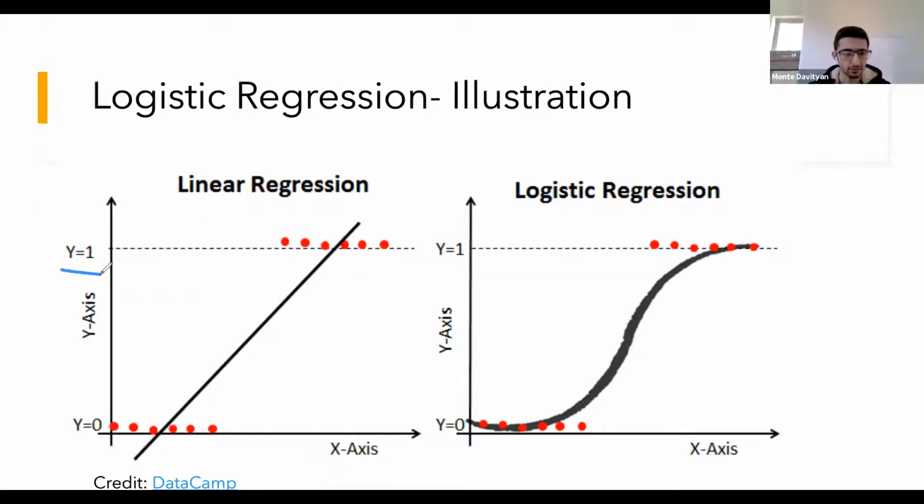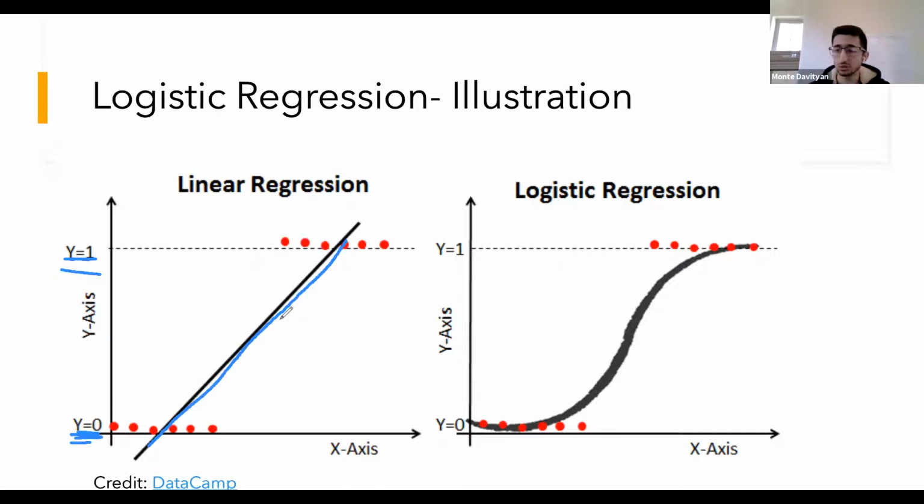We have our y-axis right here. If they didn't survive, they're a 0. If they did survive, it's a 1. You can see linear regression just doesn't really model for that. It can't really tell the correlation between these two because of the categorical nature of what we're trying to predict. Is it a 0 or a 1? Did they survive or did they not survive?